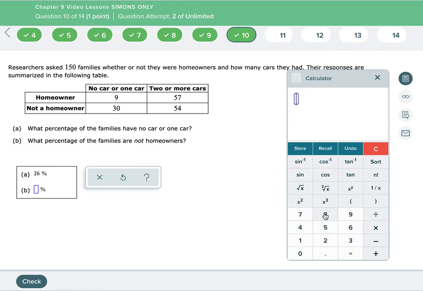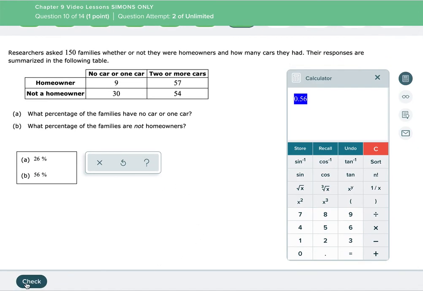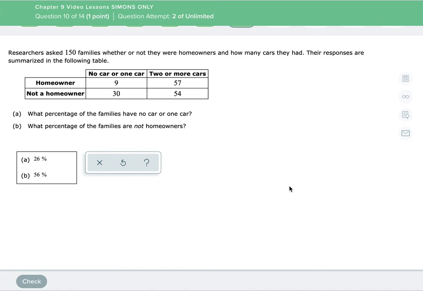So you take your part divided by your whole: 84 out of a total possible 150, because that's how many families they interviewed. 0.56. Let's do this one with the moving the decimal trick. Move it over 2 spaces, 1, 2, 56%.